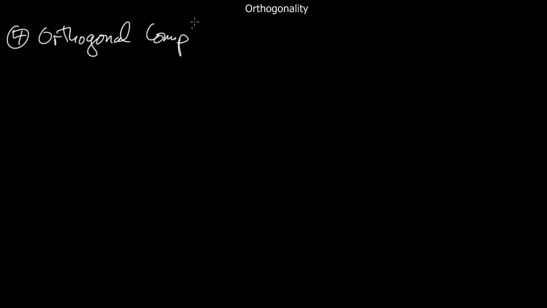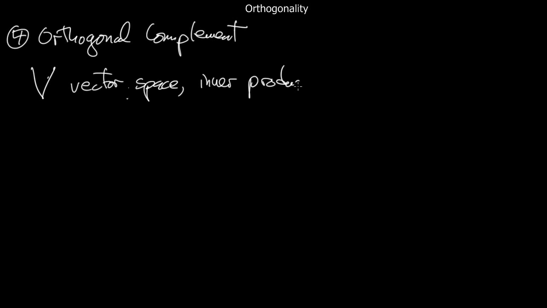All right, for my last trick, I'm going to talk about orthogonal complements. So we have a vector space V with an inner product, and of course you're welcome to think that V is Rn and the inner product is the usual one, but that doesn't really matter here.